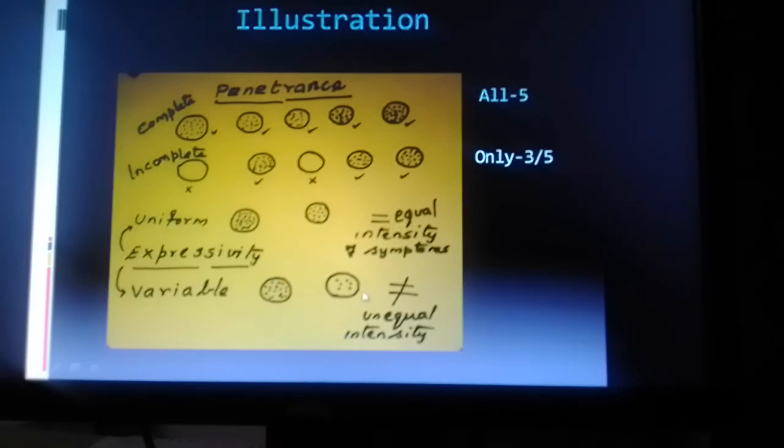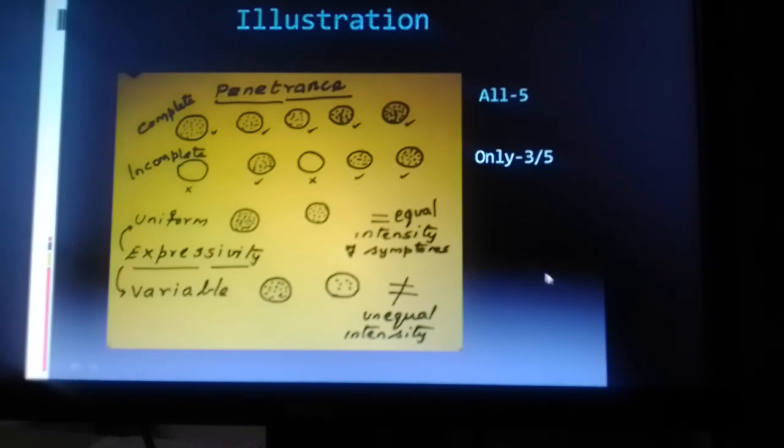And in this case you say two individuals carrying the same genotype, but the expression shows some difference. So there is variation in the expression, the level of expression, degree of expression. In one it is complete, or you say more number of symptoms are expressed.